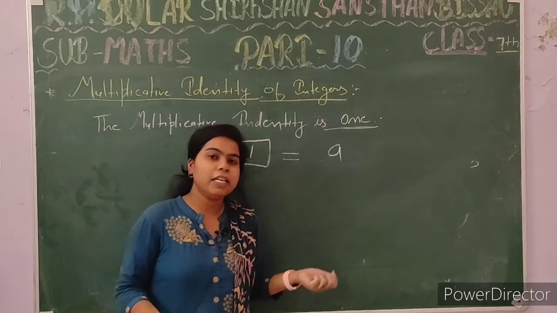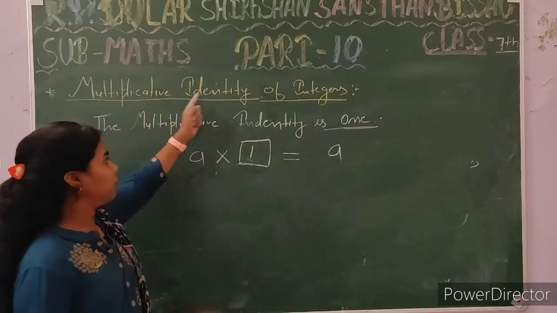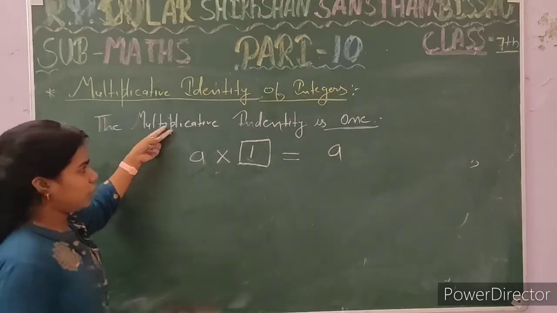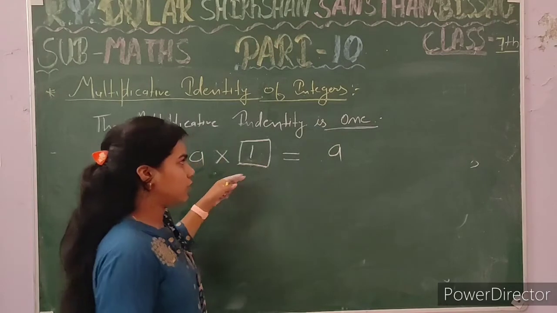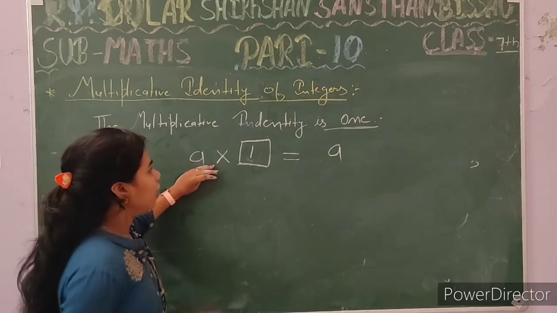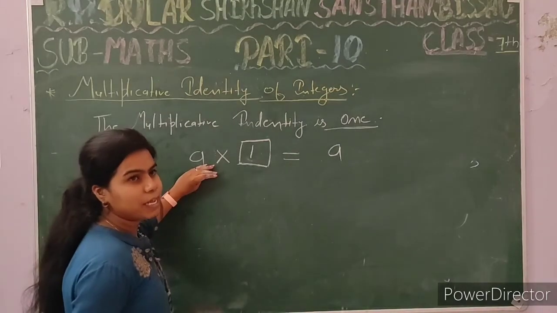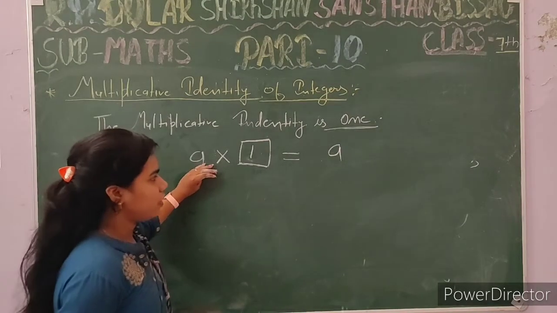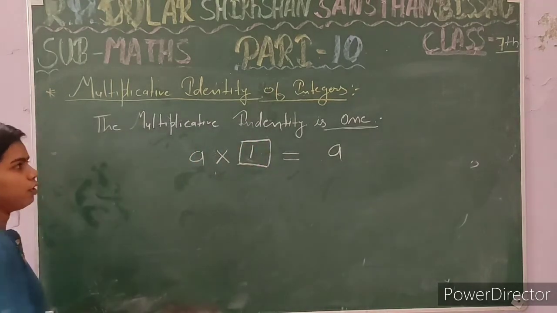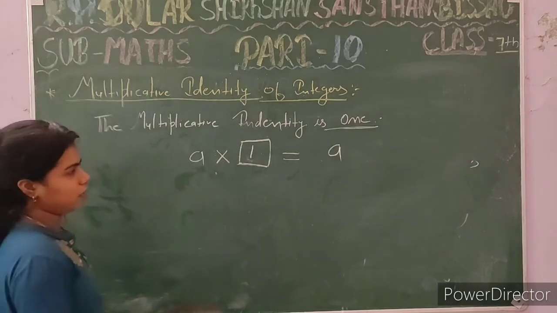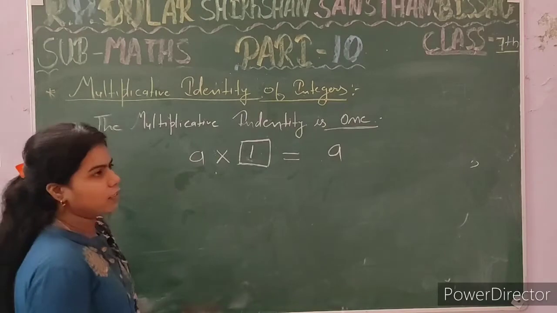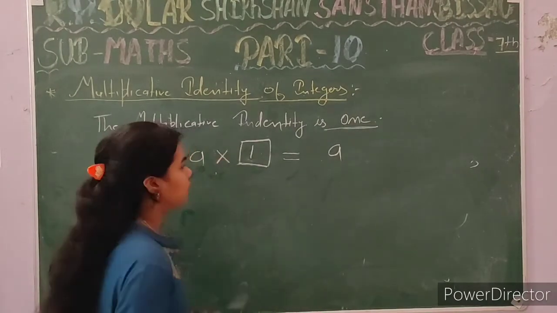Then you will give an example: the multiplicative identity is 1 because if we multiply any digit by 1, it becomes the given digit. Students, this type of question comes in your exams.